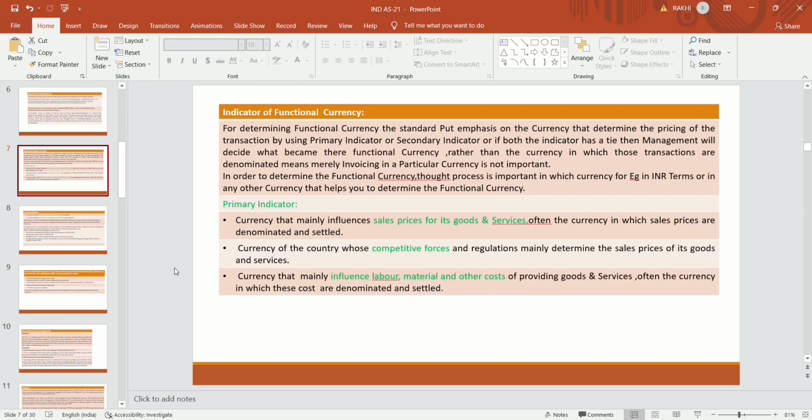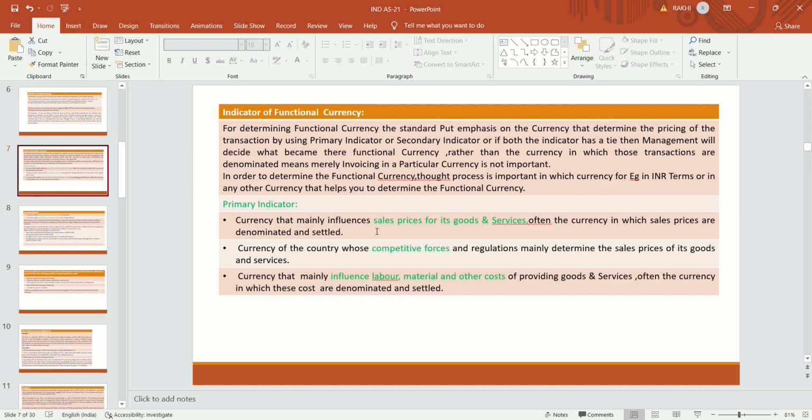That is also one of the important indicators to determine the functional currency. So one indicator is the sales price, the second indicator is the cost, and the third is the competitive forces. Competitive markets and regulations also determine the functional currency of an entity.